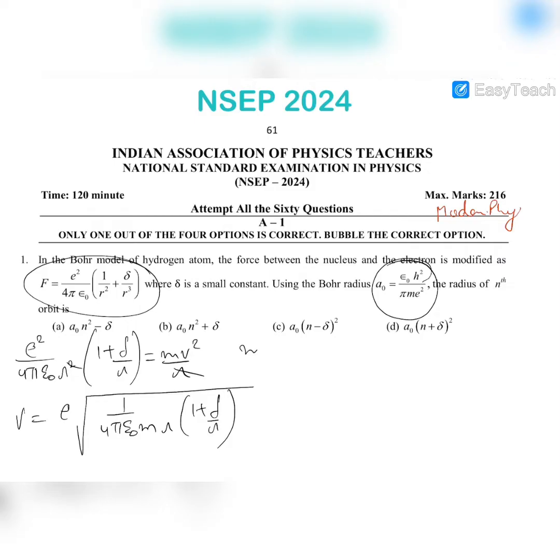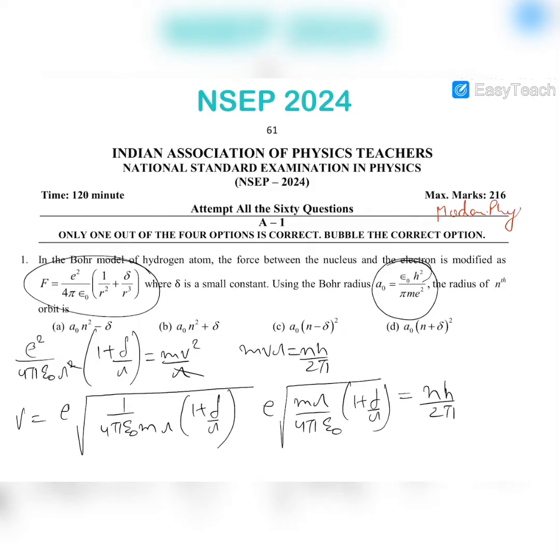And we know that mvr is also equal to nh upon 2 pi. So we will substitute the value of v in this equation. So this would be equal to mvr. Substituting the value of v, it would be e under root of mr by 4 pi epsilon naught, and this is 1 plus del by r, and that is equal to nh upon 2 pi.